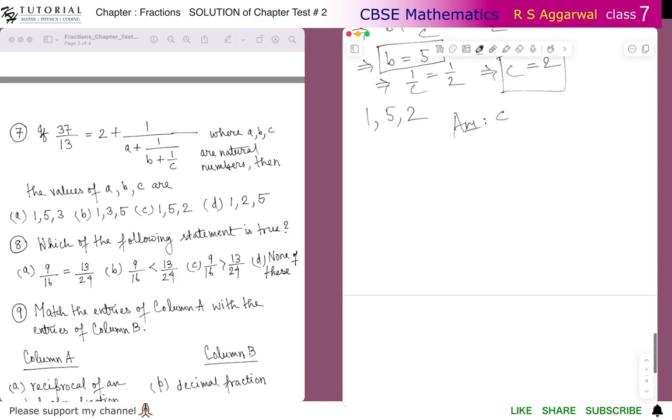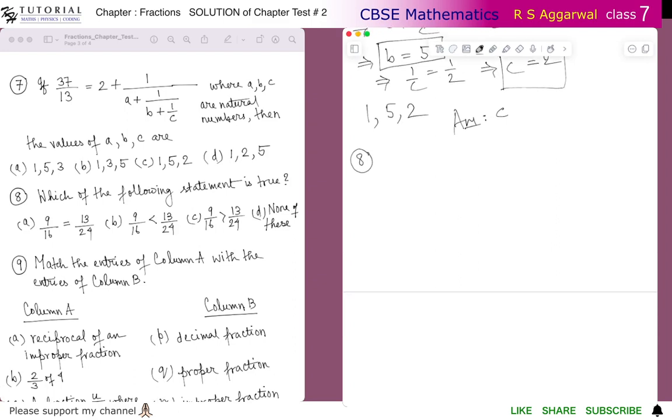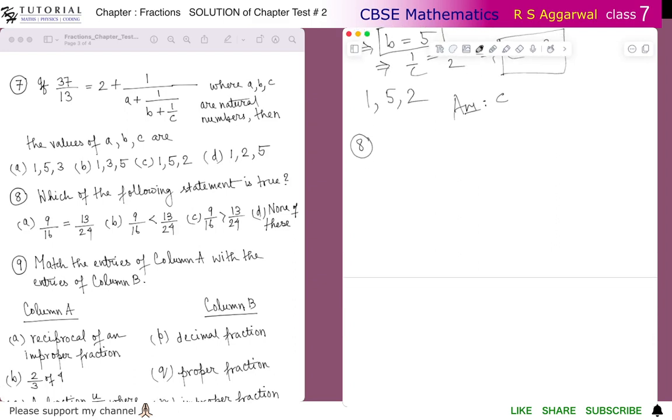Okay, let's do problem number 8. Which of the following statements is true? The first is 9 by 16 equals 13 by 24.